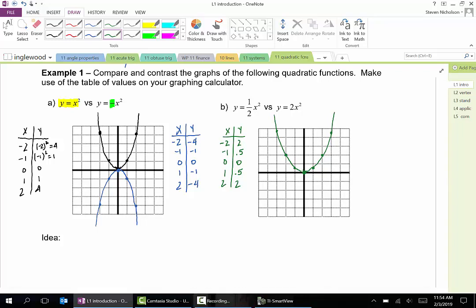When we plug in y equals 2x squared, again, I'll pick the same numbers.